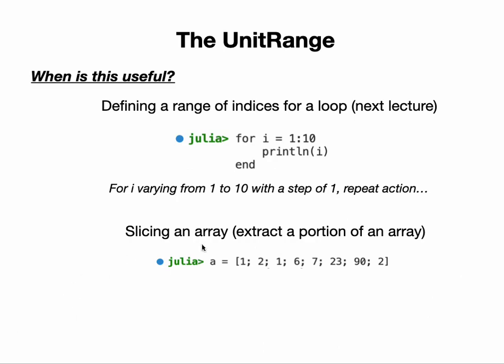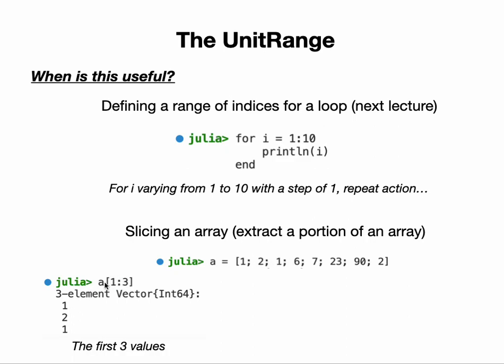The unit range is also useful for slicing an array. Slicing is basically extracting a portion of an array. So if we define an array, now A receives these values, and we want to access, for example, the first 3 elements of A, we can do A, square brackets, 1:3. And this returns the three first elements.